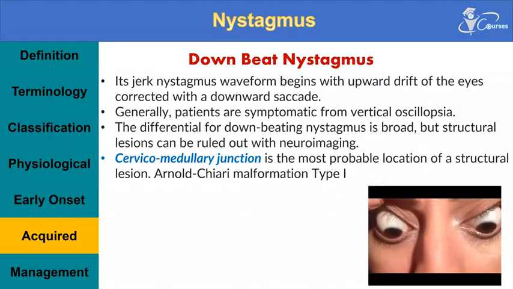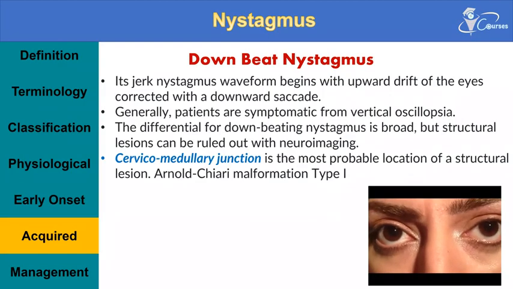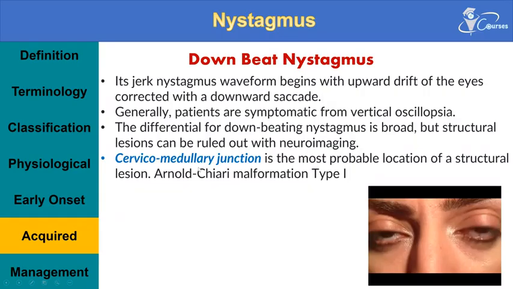It can be due to demyelination, stroke, trauma, drug toxicity, or Arnold Chiari malformation, very important. And what's asked in the exam, this is the last sentence, is that it is due to a lesion in the cervicomedullary junction. This is the most probable location of a structural lesion, like for example, the Arnold Chiari malformation type 1.